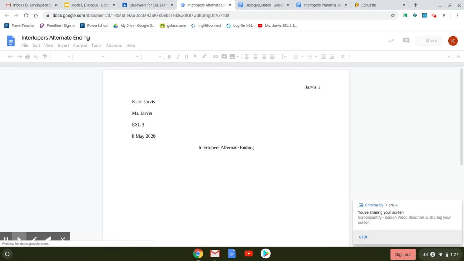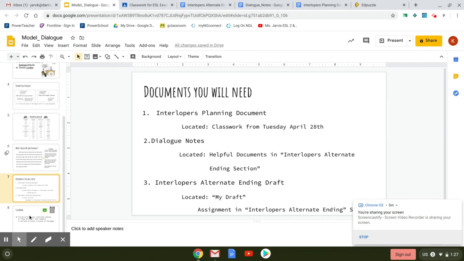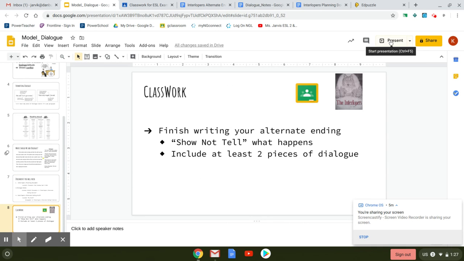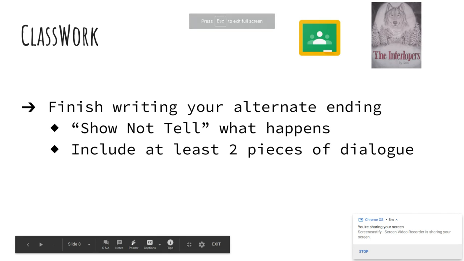When you open up your document, if you're on track, you should already have MLA formatting, and you should have written your climax already because that's what we wrote last class. Today, your assignment is to finish writing the alternate ending. So if you finished writing the climax, that means you're writing the falling action and you're writing the resolution.